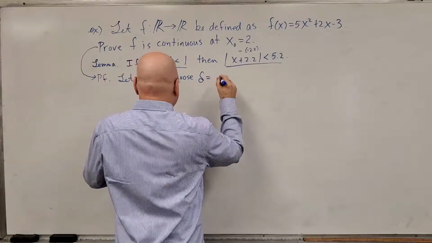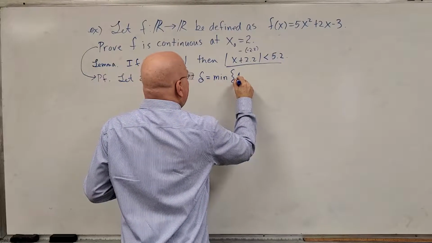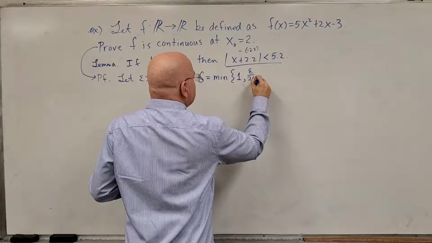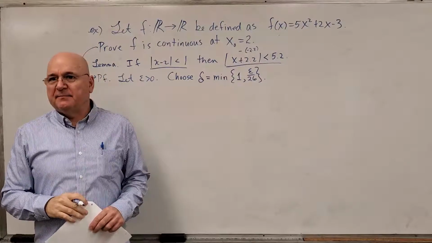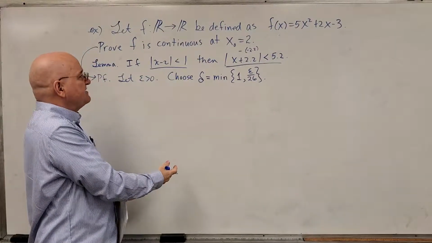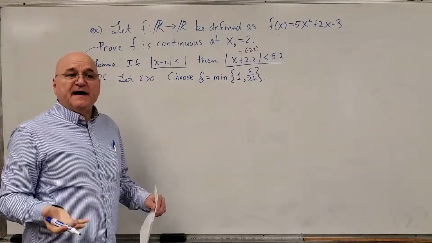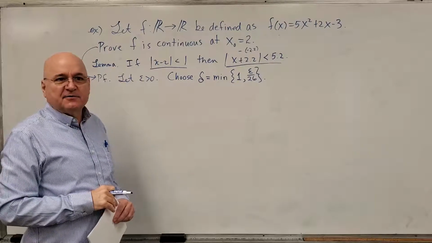I'm going to let delta be the minimum of 1 and epsilon over 26. Now you'll see exactly why. You would have come up with this value just as well. If you were trying to prove it, you would have realized that if you just said let delta equal epsilon, it would fail. But you could easily see that there's a way to fix it, to correct it.